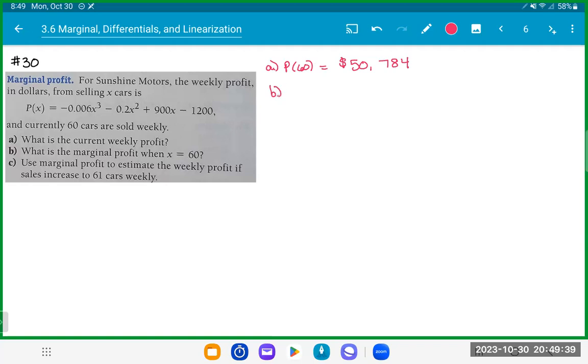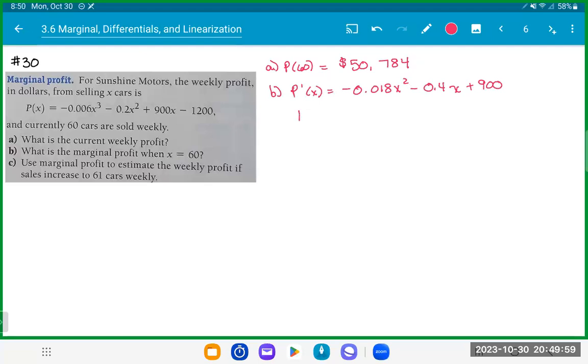So the second thing is, in order to find our marginal profit, we need to know what the derivative is. So P prime of x is negative 0.018x squared minus 0.4x plus 900.